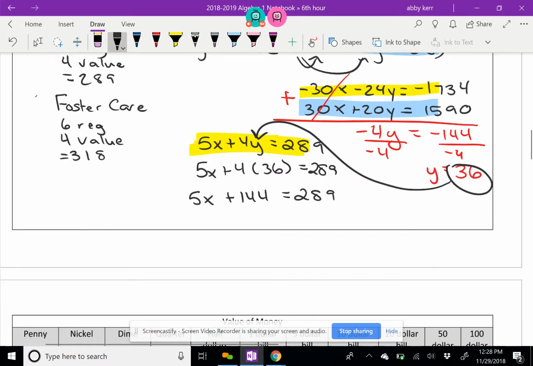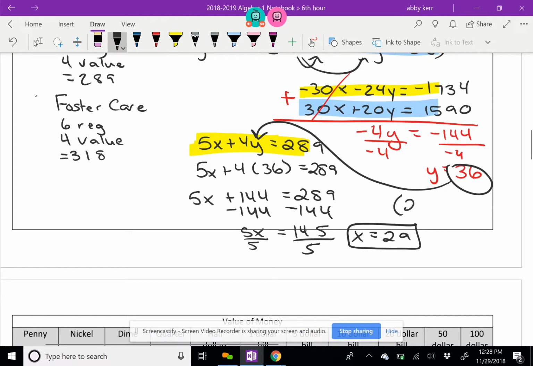And now it's just a two-step. So 289 take away 144 is 145. Divide by 5. You're going to get x equals 29.